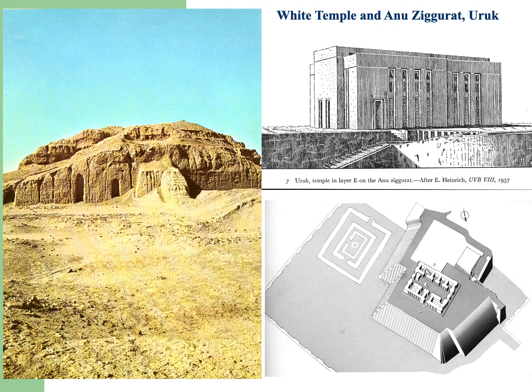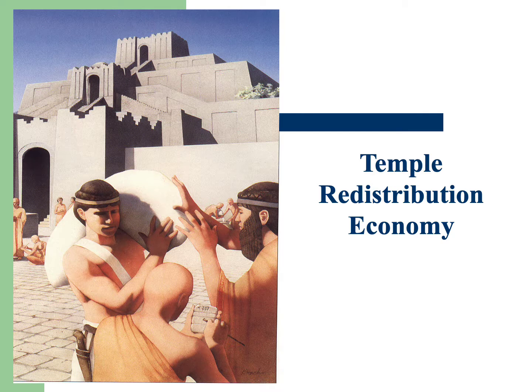This is the White Temple and Anu Ziggurat at Uruk. You can see a photograph of what it looks like from ground level, and then a reconstruction of what the building that would have sat atop this ziggurat would have looked like. And these ziggurats were the centers of the temple redistribution economy.